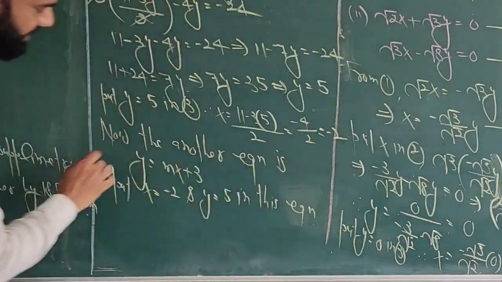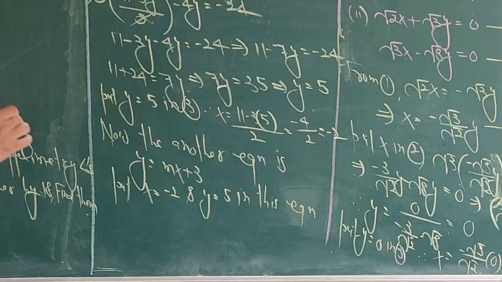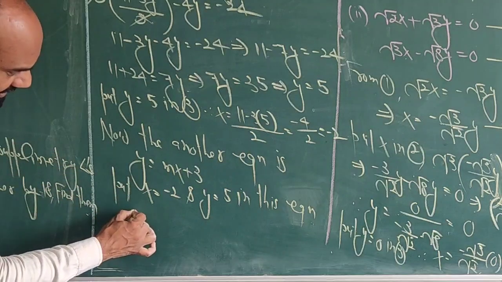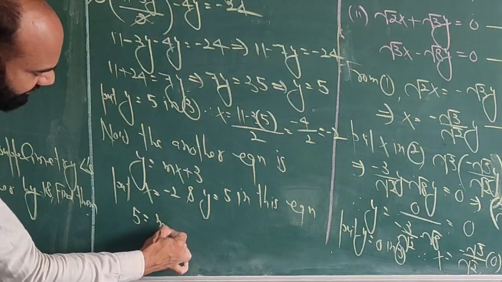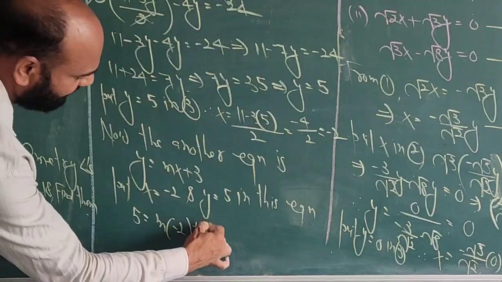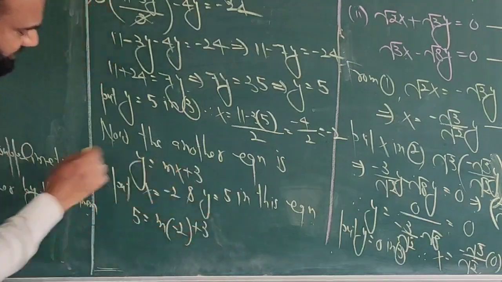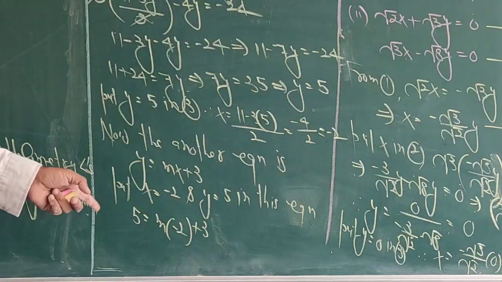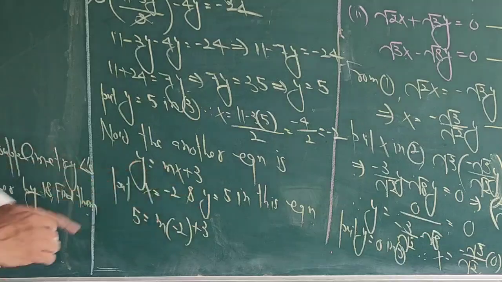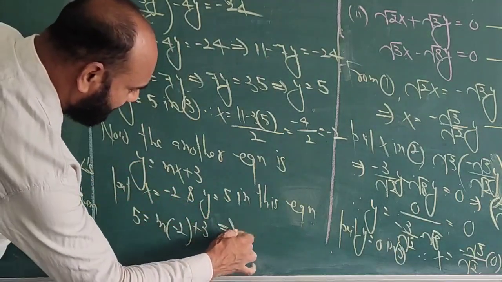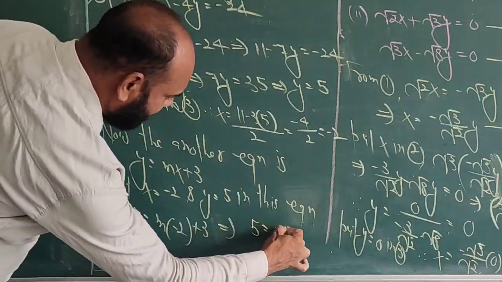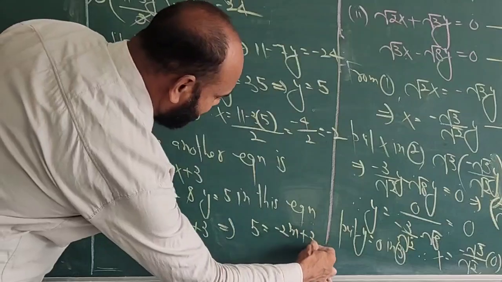So when we put these two values in this equation, we get 5 is equal to m multiplied by minus 2 plus 3. Therefore, 5 is equal to minus 2m plus 3.